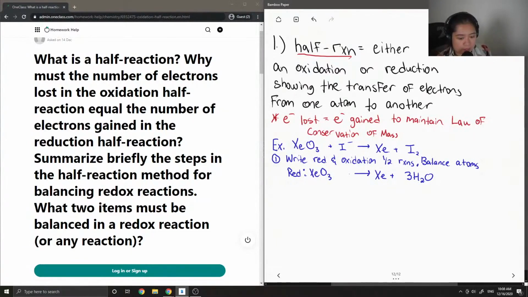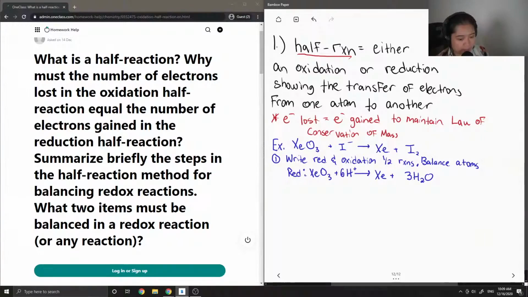Okay, so notice that now I have 6 hydrogens and 3 oxygens on my product side, so I'm going to balance out the hydrogens by adding 6 H+ to my reactant side.